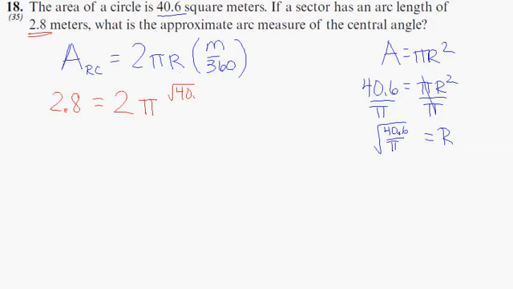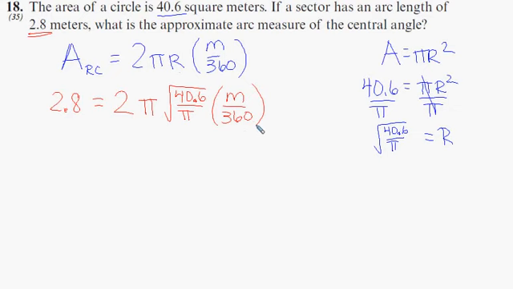I should have made my radical nice and big, like I had it over here. And then the measure of my arc, which is what I'm trying to find, over 360. So it's m that I'm looking for. That's the piece that's missing.